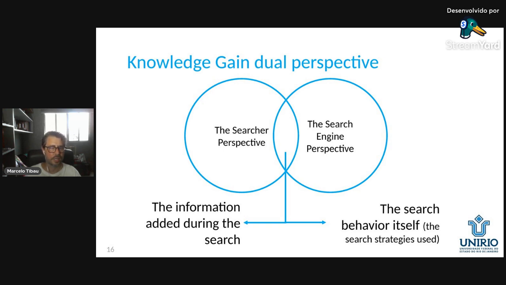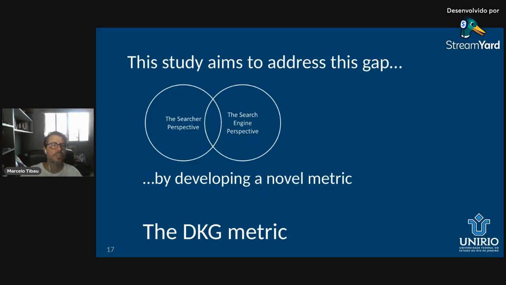Those user behavior metrics do not account for that. So this study aims to address this gap by developing the metric I'm calling the DKG metric.